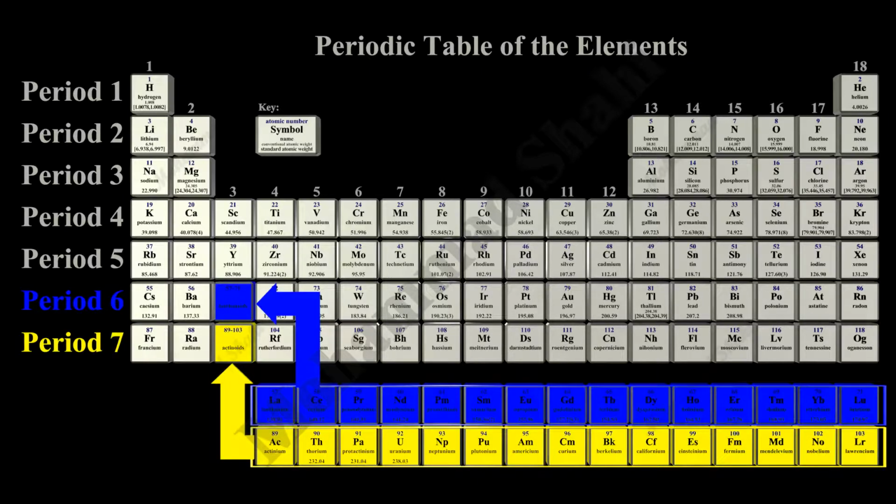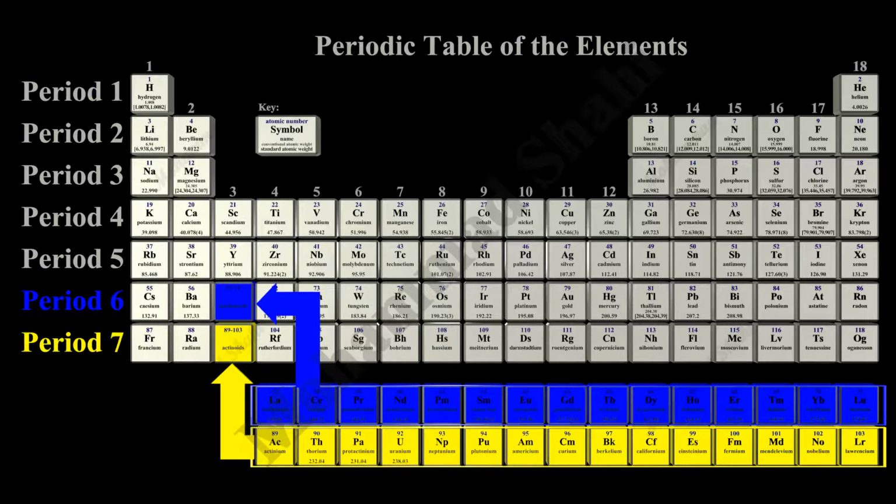It is also important to note that the two rows at the bottom of the common periodic table in fact belong to locations after barium and radium in 6th and 7th periods as their original places.